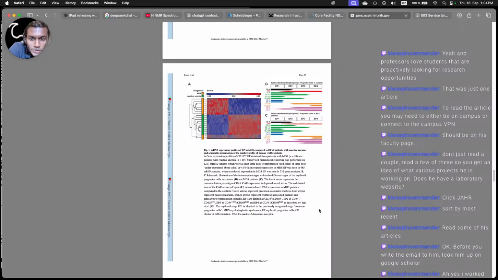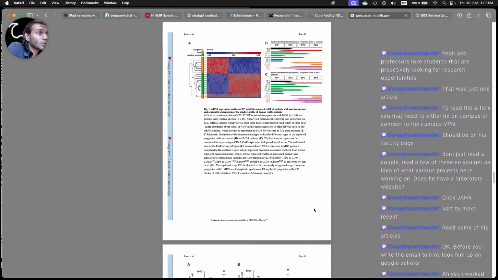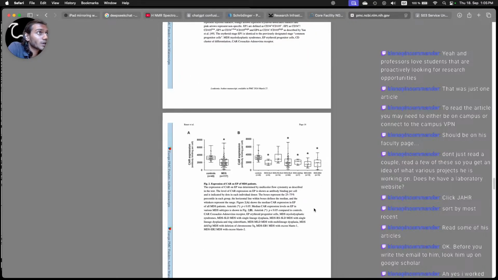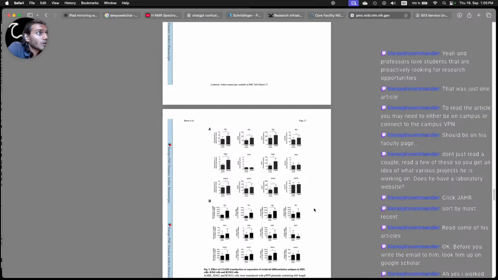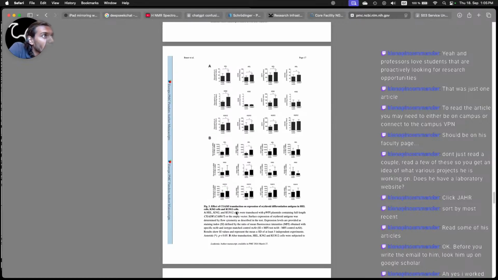Yeah, and professors love students that are proactively looking for research opportunities. I do want to get more into this. Effects of. Okay.